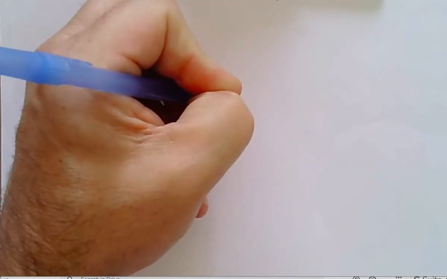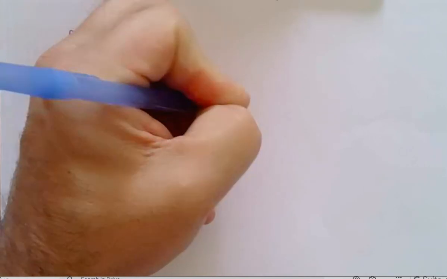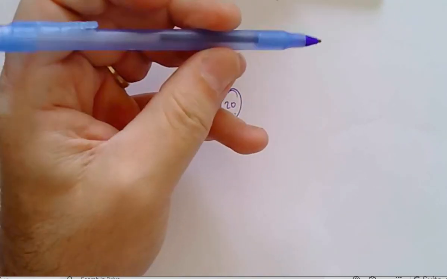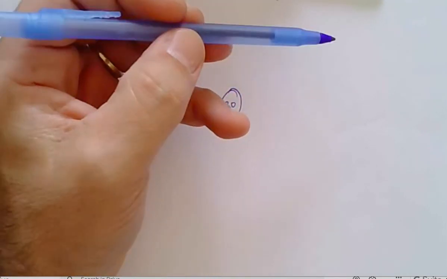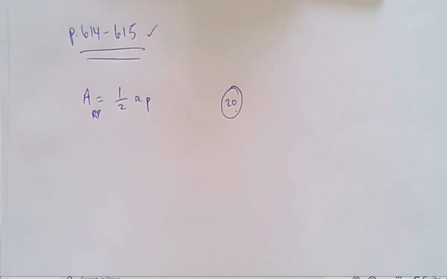So if you look at some of them, I just want to make sure you know how to do some of the problems that are given. If you look at, let's say, number 20, because it's even, how many sides are there? 1, 2, 3, 4, 5, 6, 7, 8, 9.